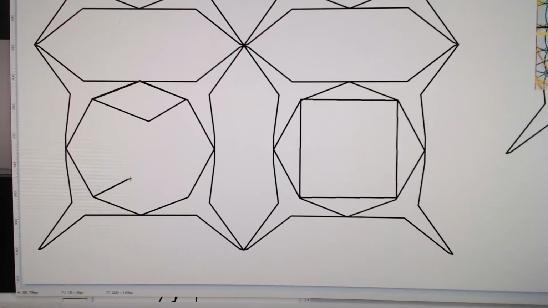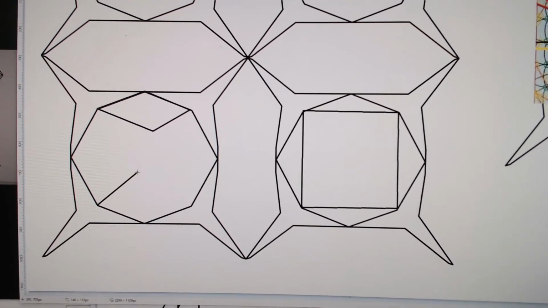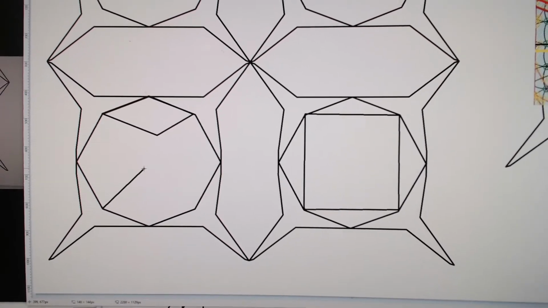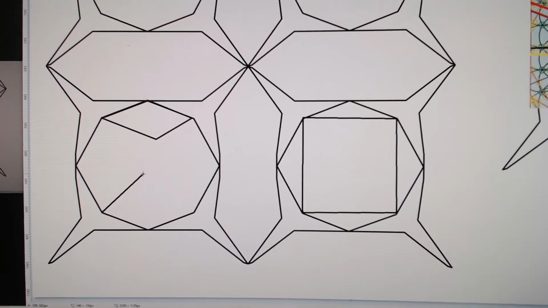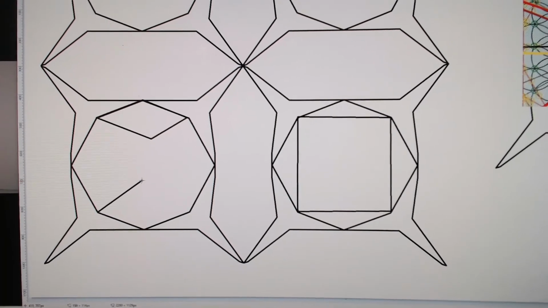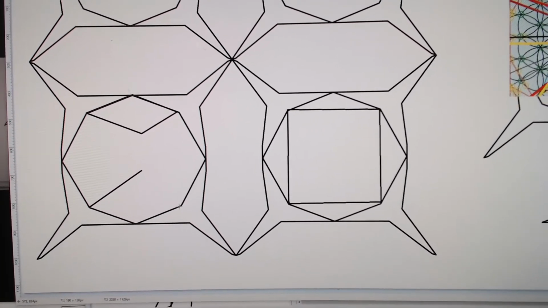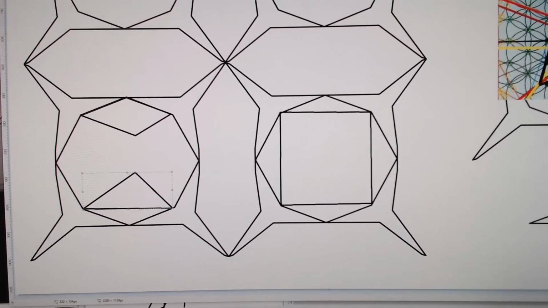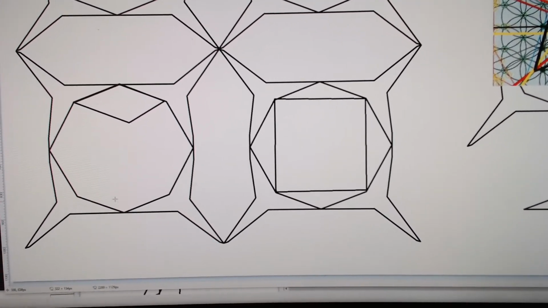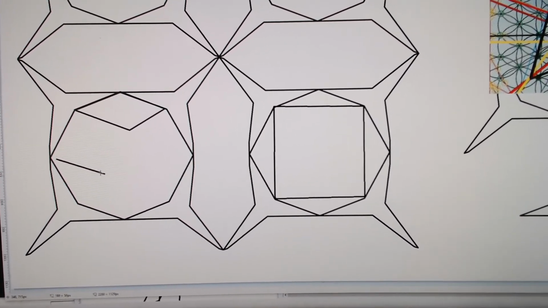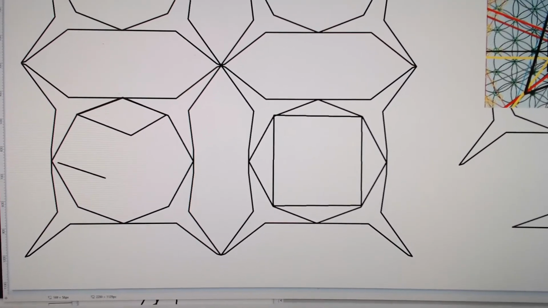I'm not really good at this. Where is this here? I can't, just trying to see. Let me try that again. I'm just trying to understand. Just give me a second.